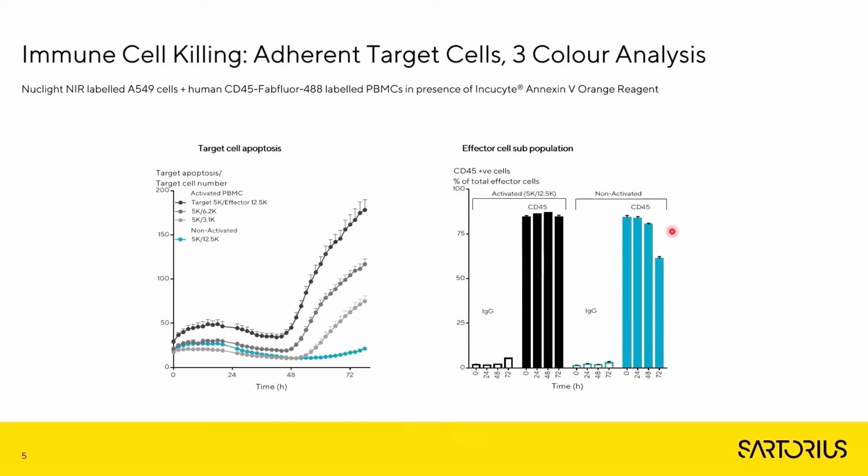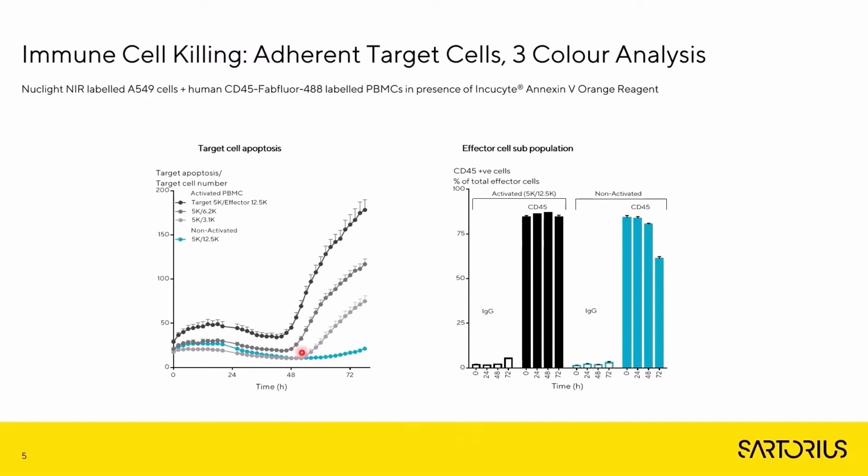When we look at apoptosis, we can see little killing when the PBMCs are non-activated. However, with an increasing effector to target ratio, we see increasing apoptosis, and we can also get information about the timing of this event. So we can see that killing starts around 48 hours into this assay.